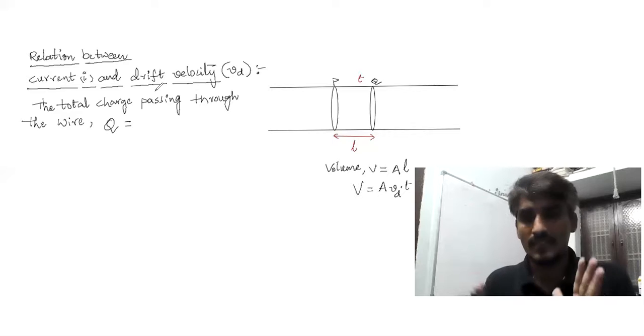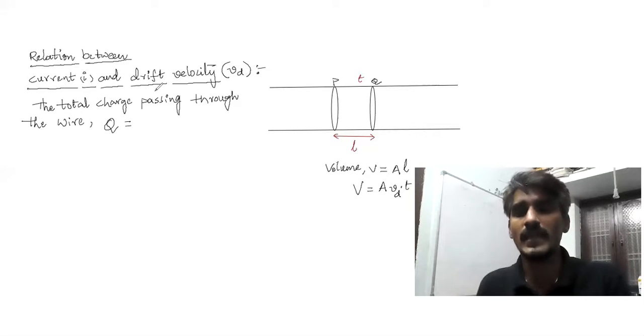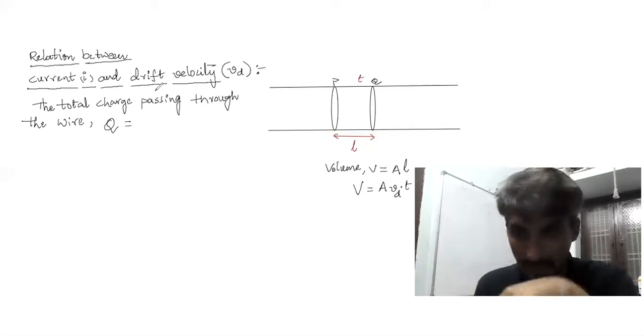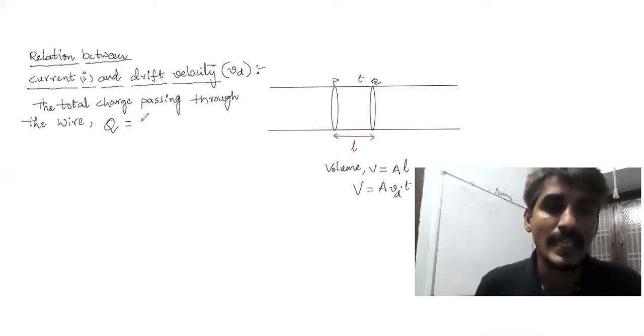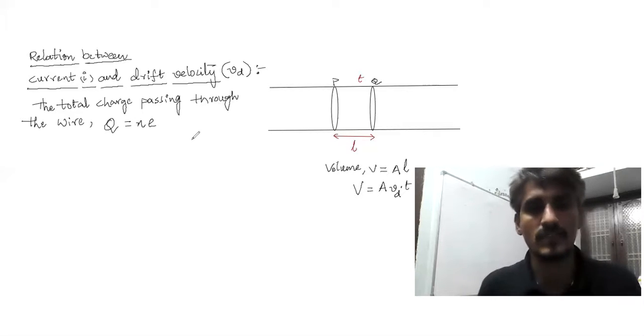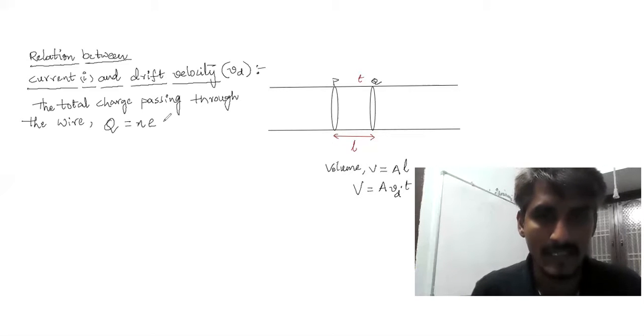It means in that total volume, how many electrons are there, which we have to calculate. So the number of electrons is N into E. And what is the total volume? The total volume is A into VD into T.